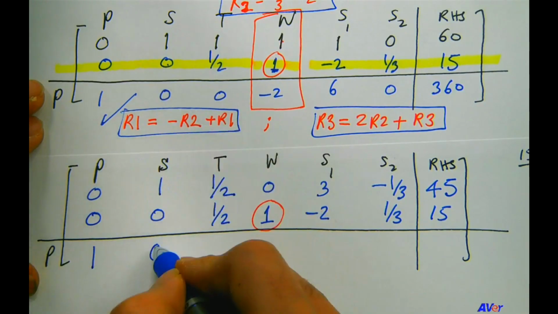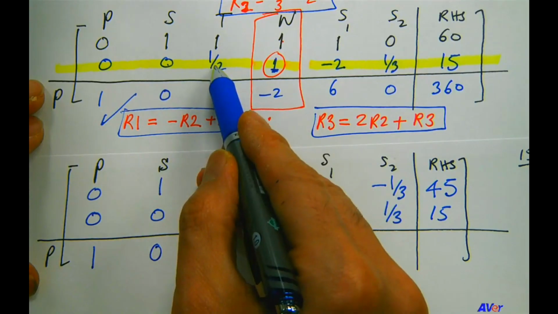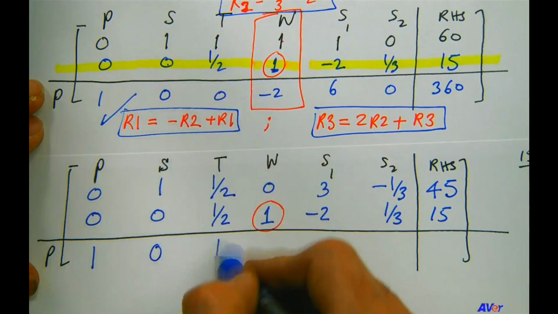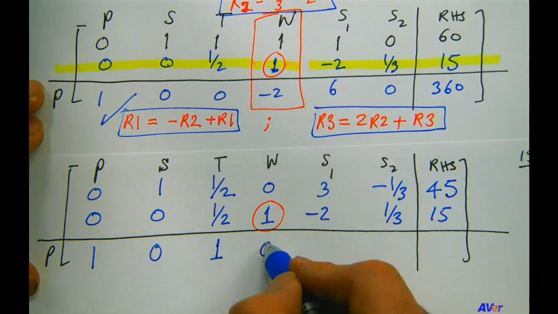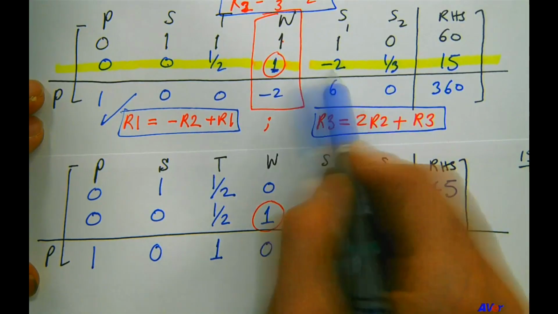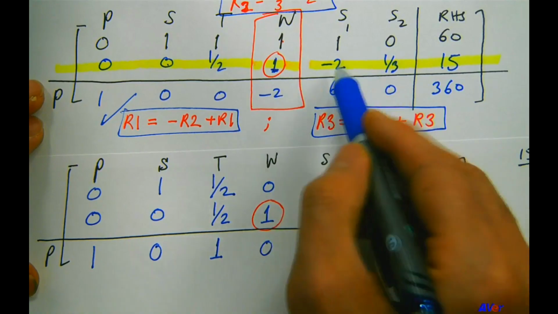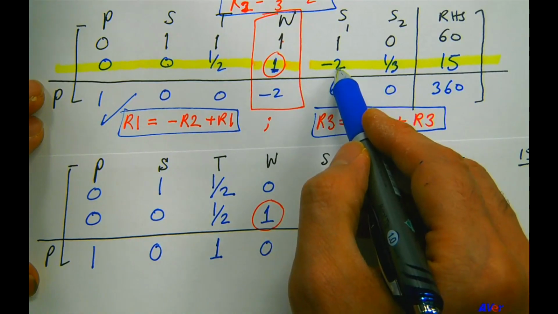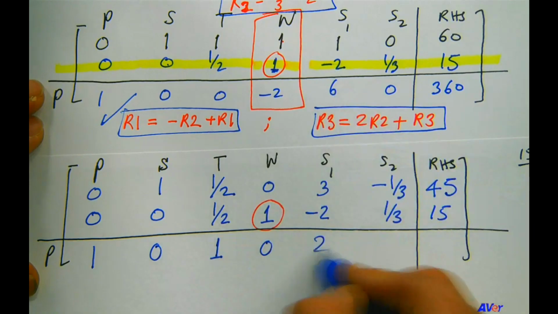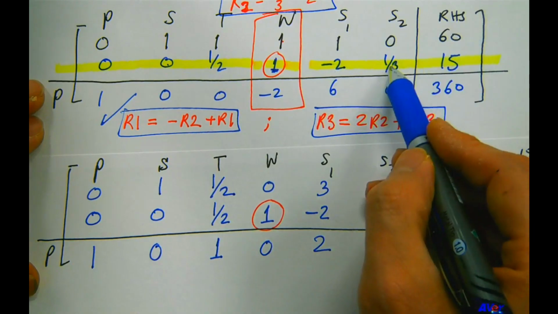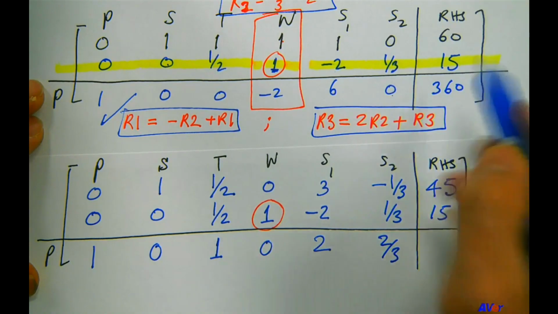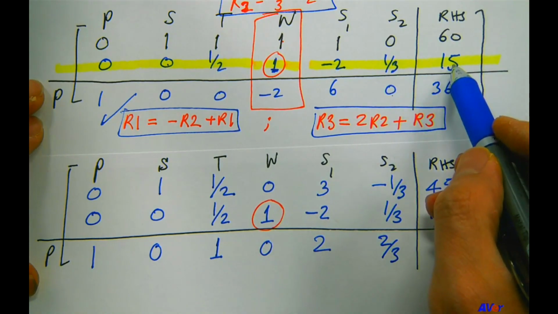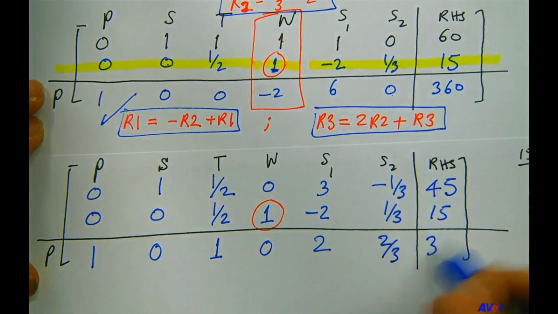Plus 0, 0. 2 times 1/2 is 1. Plus 0, 1. 2 times 1 is 2. Plus negative 2 is 0, which we intended. 2 times negative 2 is negative 4. Plus 6, positive 2. 2 times 1/3 is 2/3. Plus 0 is 2/3. 2 times 15 is 30, plus 360 is 390.